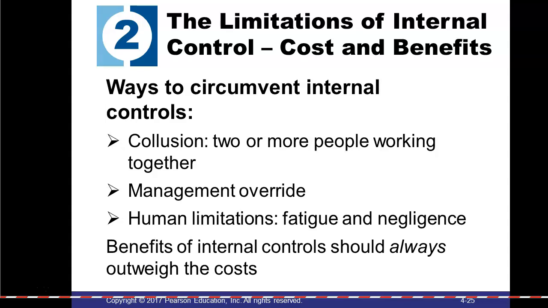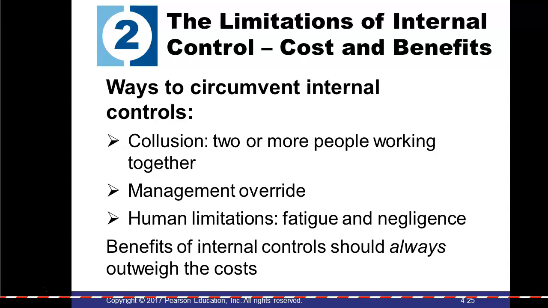Limits of internal control. Again, costs and benefits. Collusion: when 2 people work together, even 3, there is no way to catch it. It would have to be through an accident or possibly a whistleblower, but collusion is something you can't do anything about. Just hope for the best that people don't collude. Management override, which is the major problem with Enron.